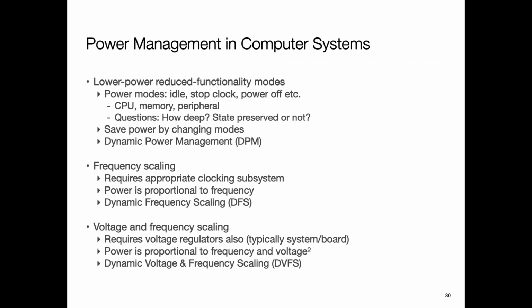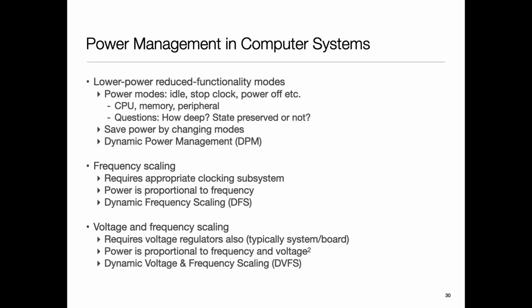So that's one complexity. The second complexity, which is a more nuanced point that he's making, is the following, and actually I'll talk about it a little bit later. Power of a system is not simply strictly proportional to frequency. It also has a constant term, right?